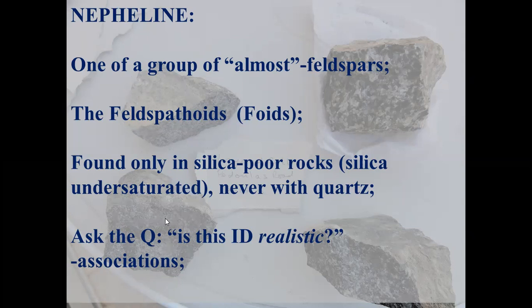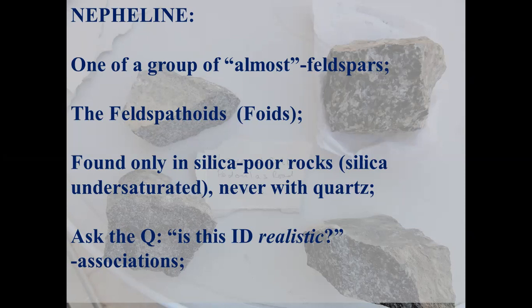So when you are doing your identification, the question you need to ask yourself is: is this ID realistic? Do I really think this is nepheline? And that's where you would look at the other minerals that you think you've got in your hand specimen. So, for example, if you think you've got quartz in there as well, you've made a mistake on one of them.